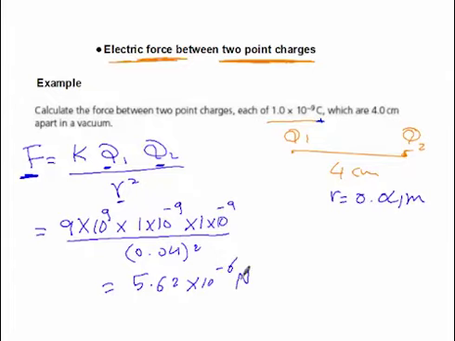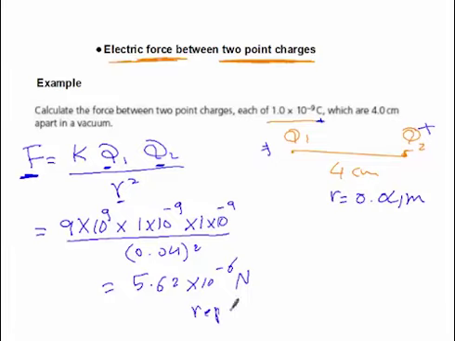Now what is the type of the force here? As you see, here you have a positive charge and another positive charge. No signs, no negative sign here. So of course they will repel each other. So this is a repulsion force.